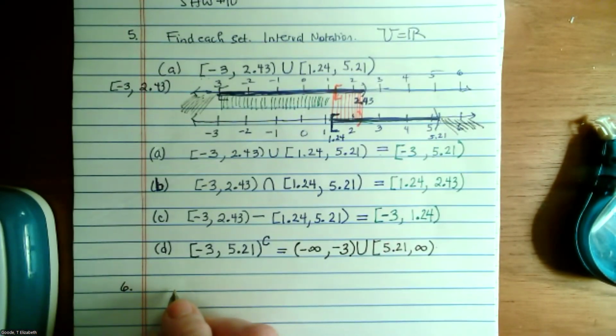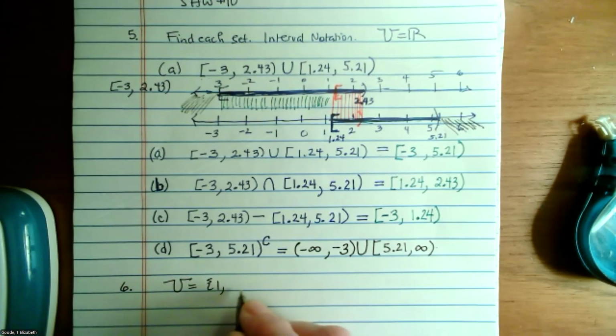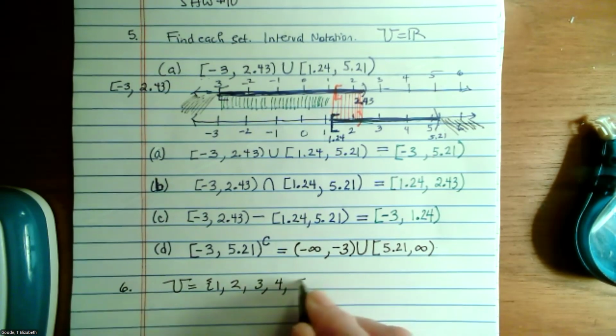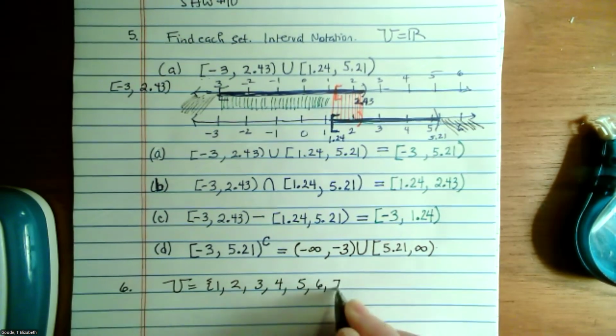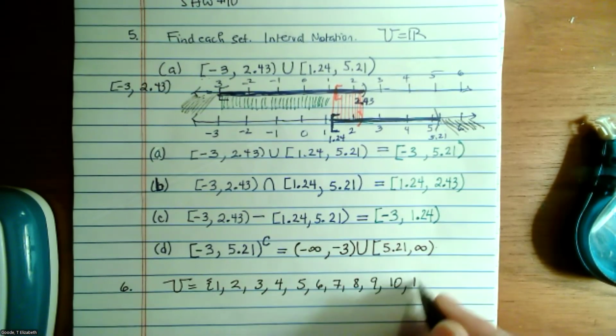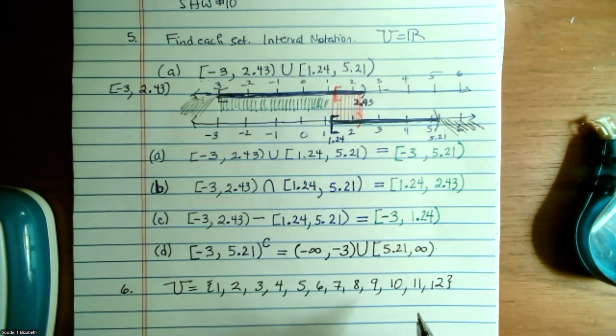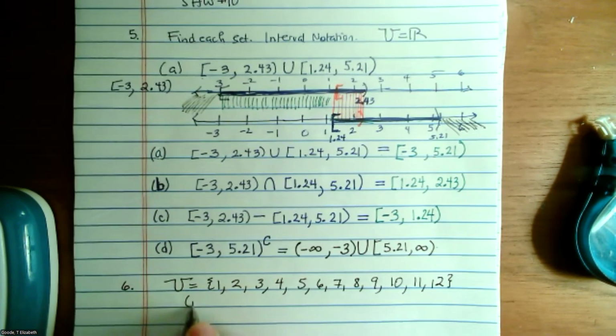So our universe is the set of integers from 1 to 12, right? So that's what we're dealing with. Our elements have to come from the universe because we're going to build A, B, and C, and they have to satisfy 4 properties.